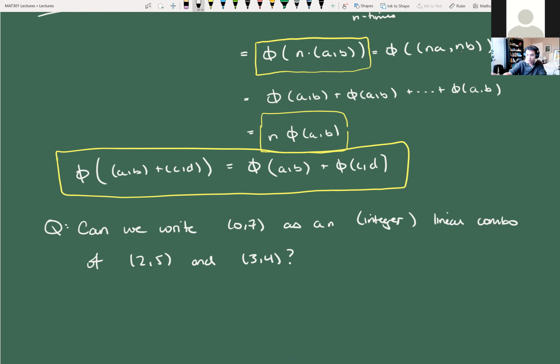Okay, so yes or no, can I do it? Does anyone just see what the answer is? Can I write (0, 7) as an integer linear combination of (2, 5) and (3, 4)? Anyone brave enough to do this by inspection?